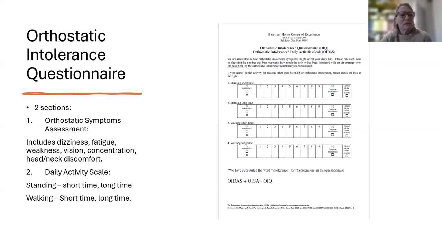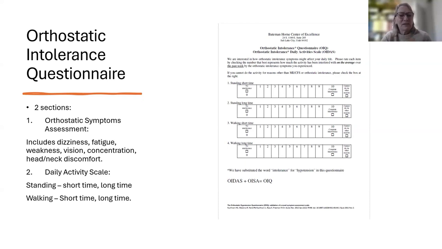So it's 6 indicators. And then on the other side, it's looking at your daily activity scale. So how able are you to stand for a short time? How long can you stand for a long time? Walking for a short time and walking for a long time, how impacted are you?